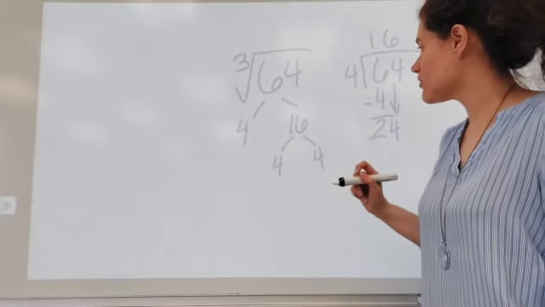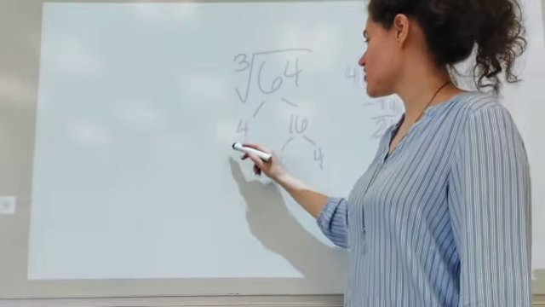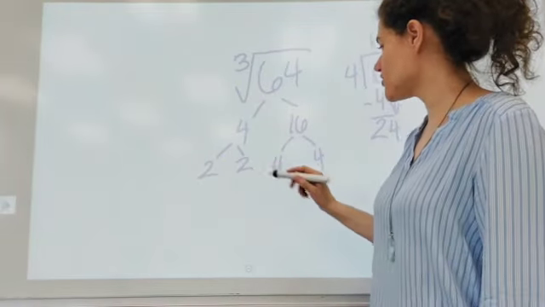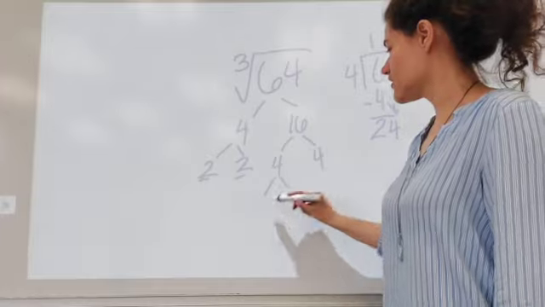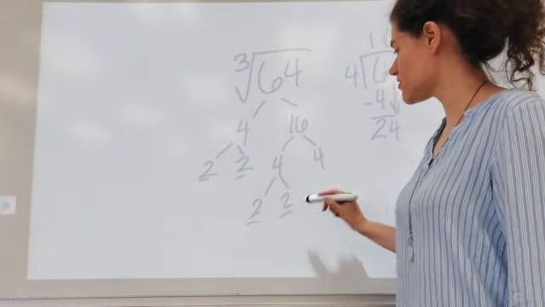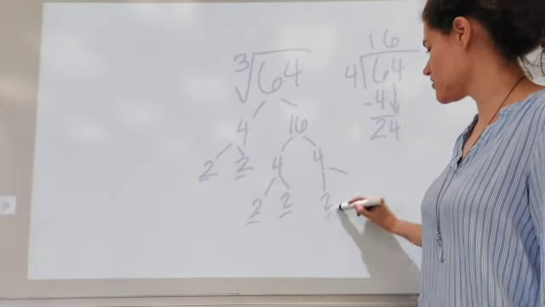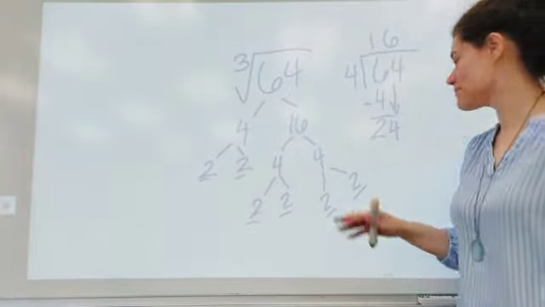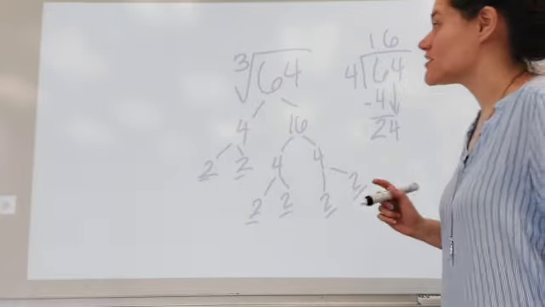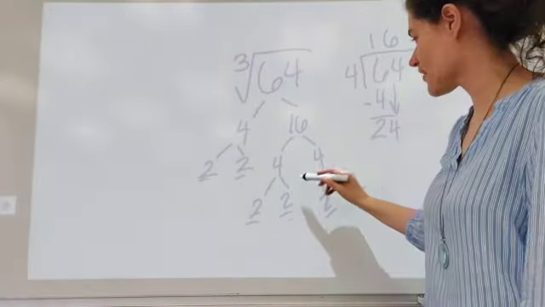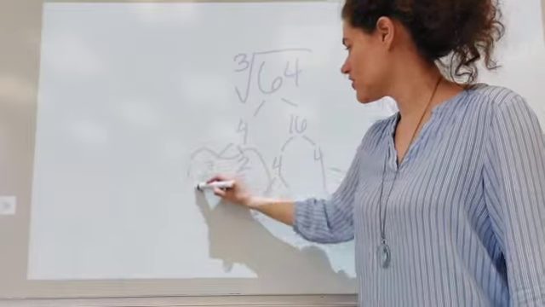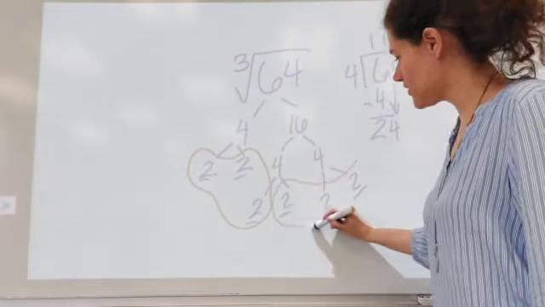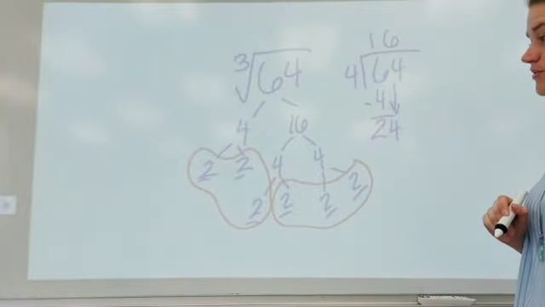Okay, so let's finish these. I've got 2 and 2 there, 2 and 2 here, and 2 and 2 here. So that's the finished factor tree. Okay, so I'm looking for groups of 3. So I have a group here with 3 2s and a group here with 3 2s.